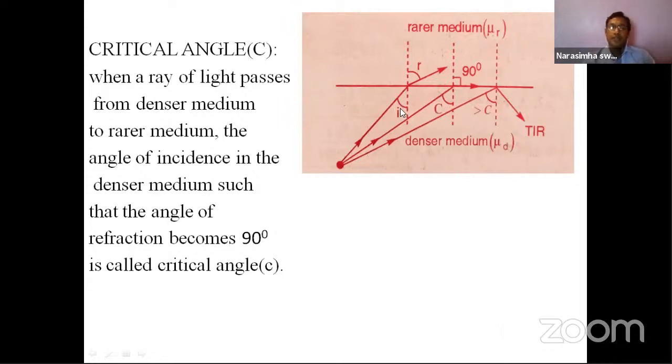Here it is indicated with I because the refracted ray is not moving along the interface. But at whatever angle the light ray is incident such that the angle of refraction is 90 degrees, that angle of incidence is called the critical angle.